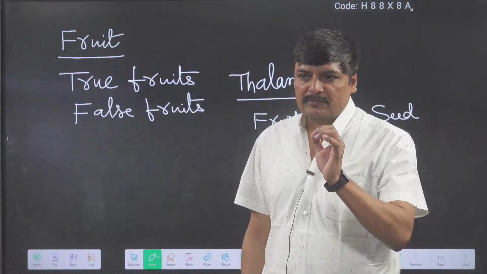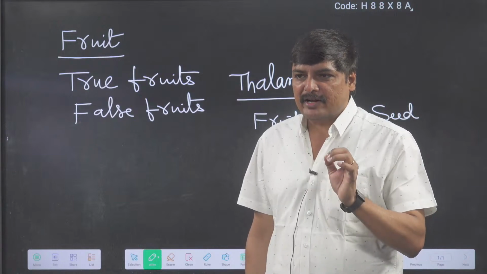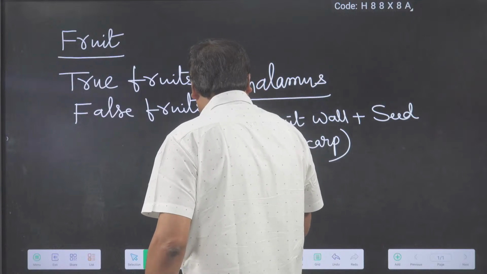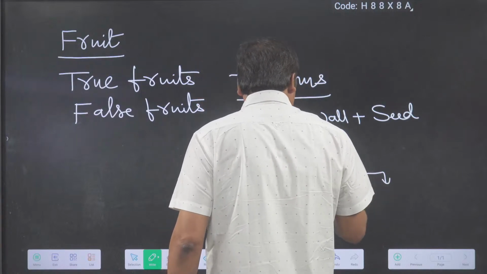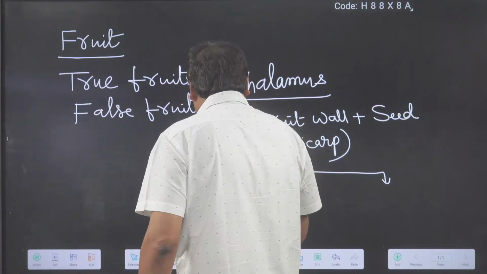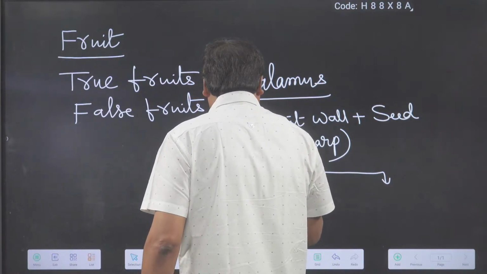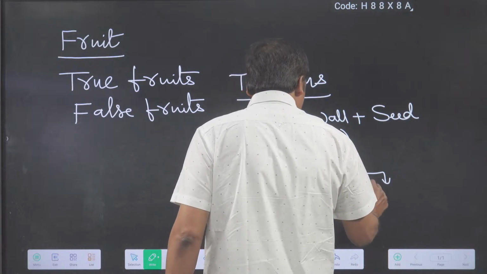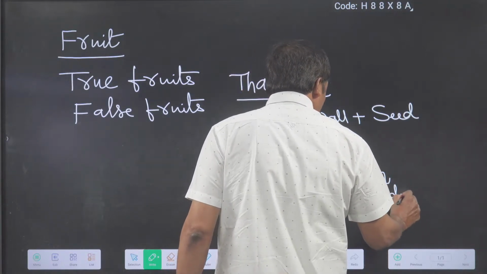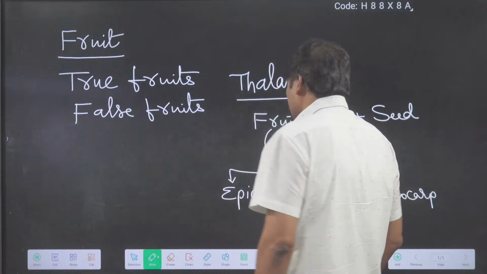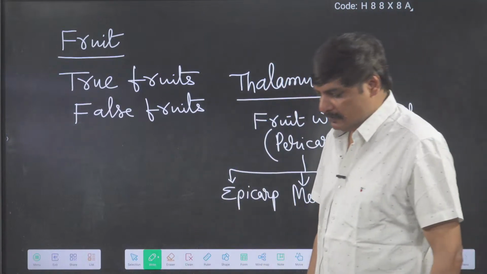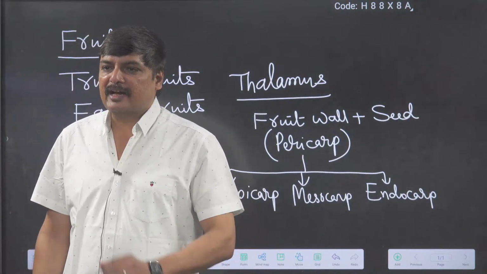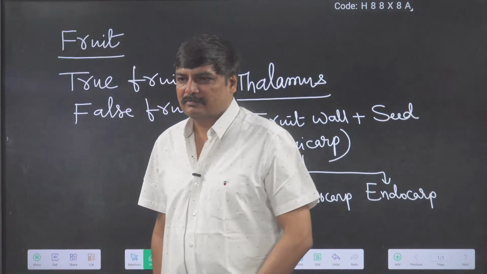When pericarp is fleshy, it is differentiated into three layers. What are they? Outer epicarp, middle mesocarp, inner endocarp. Correct?